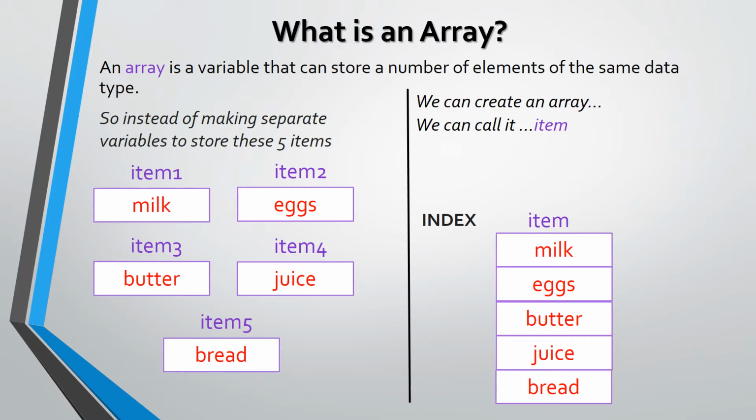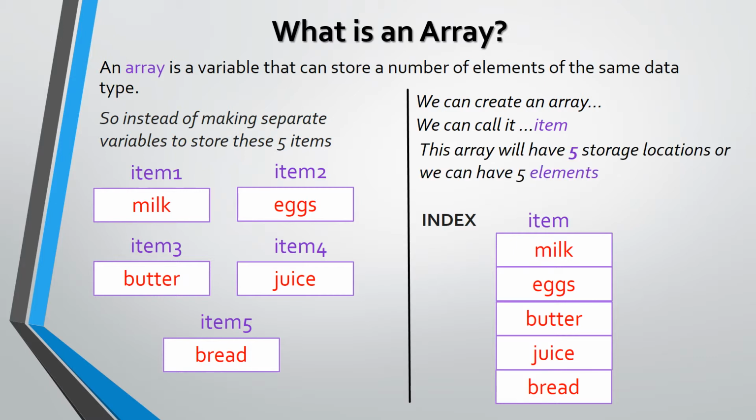So we can create an array and we can call it item. This array will have 5 storage locations, or 5 elements. I made sure to show them the index on the left side and introduce that to them.